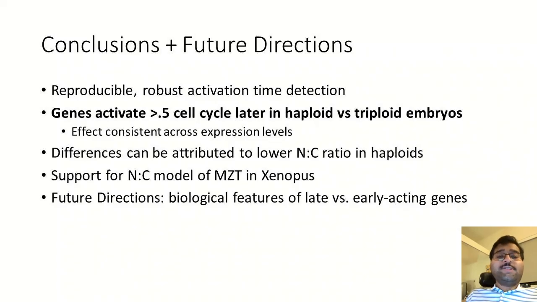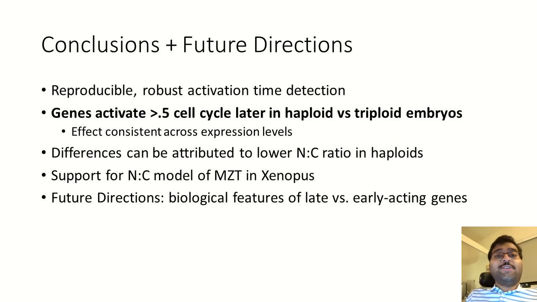So to summarize the conclusions from the summer, we were able to devise a reproducible activation time detection algorithm that was robust to noise in the data. And when we applied this to our experimental and control condition, we saw that genes activate on average half a cell cycle later in haploid versus triploid embryos.